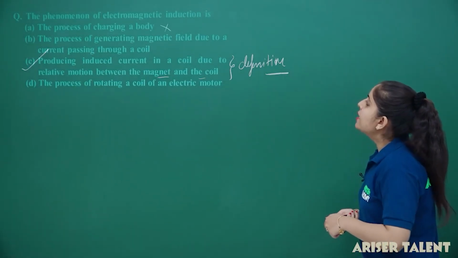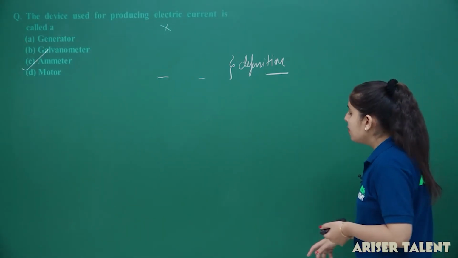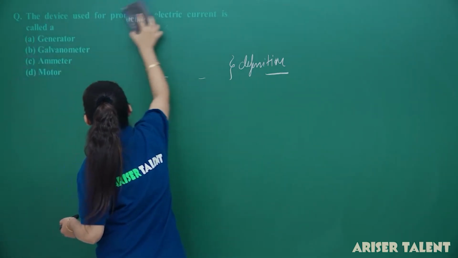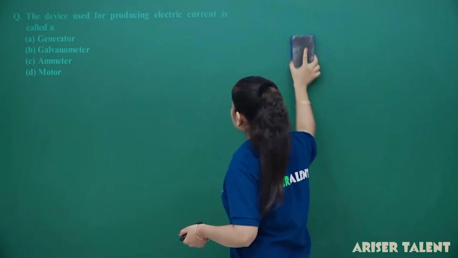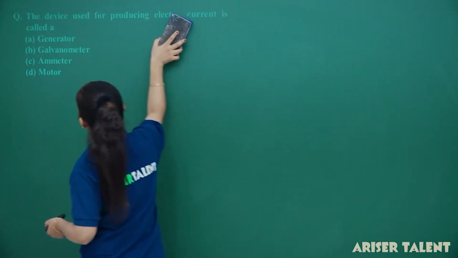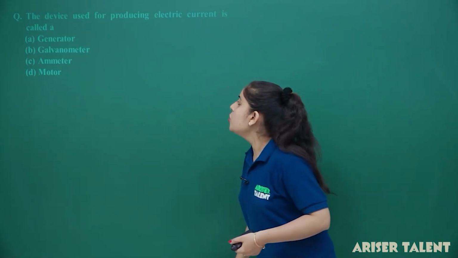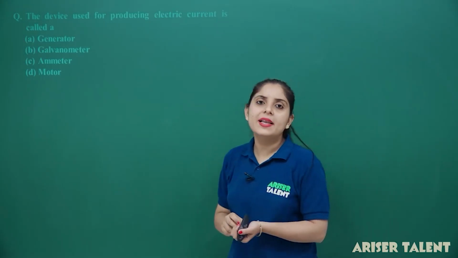Now let's move to the next question in this sequence. The device used for producing electric current is. So you have to determine the device which is used for producing electric current.